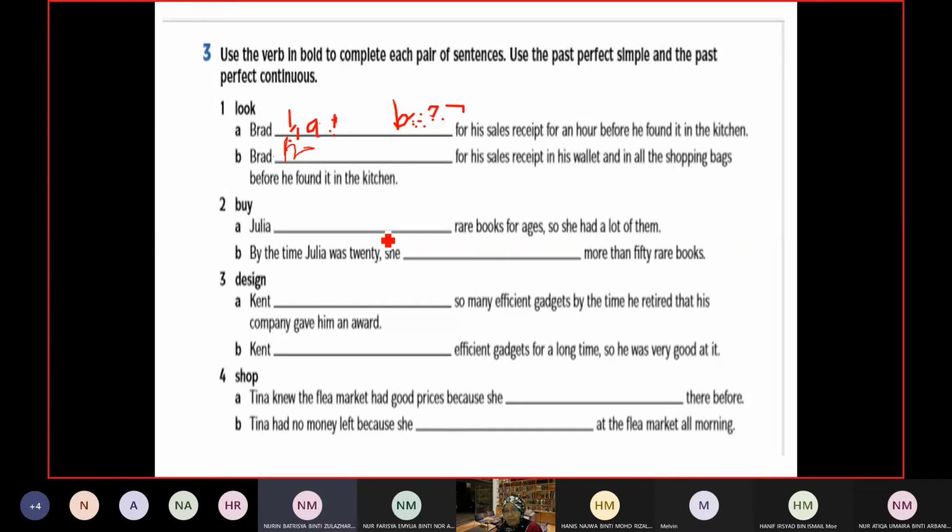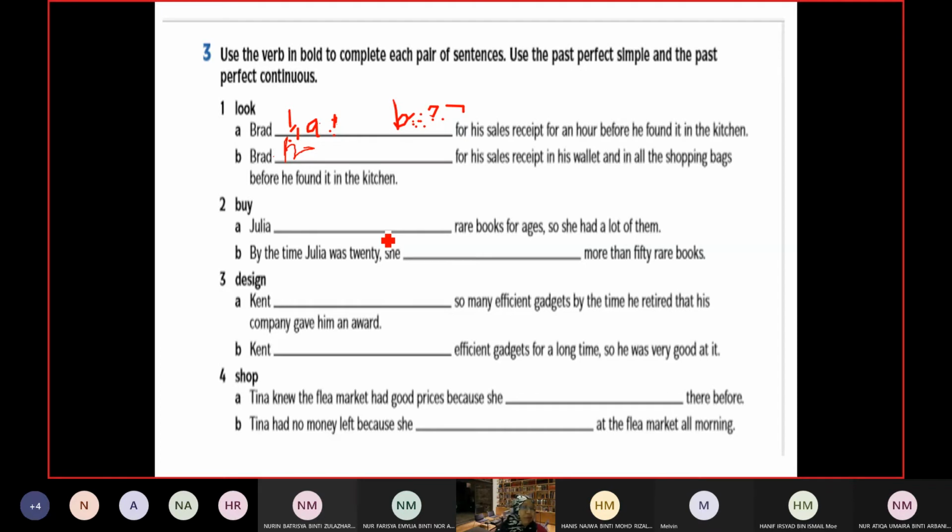All right, B. Ken had been designing efficient gadgets for a long time, so he was very good at it. All right, good. All right, 3A. Ken had designed, ED, so many efficient gadgets by the time he retired. And B, Ken had been designing efficient gadgets for a long time.